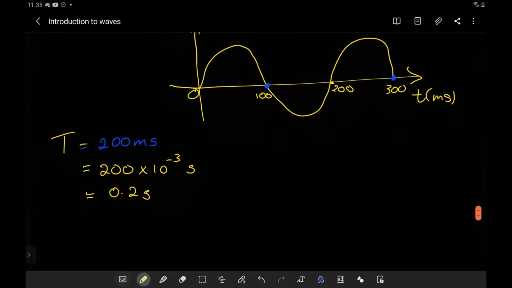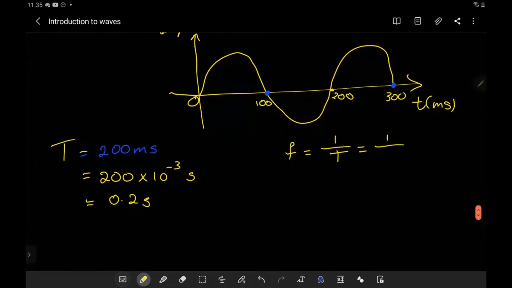Okay? And what will be the frequency? It will be 1 over the period, which is equal to 1 over 0.2, which is equal to how much? 5 hertz.